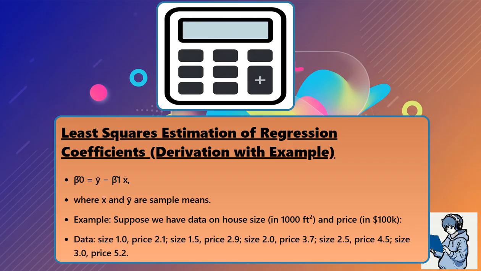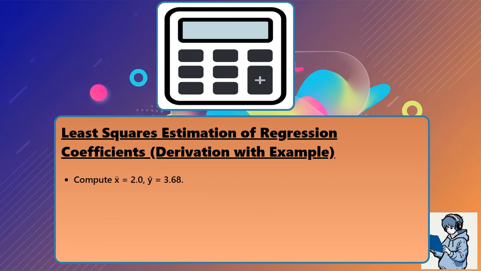Example, suppose we have data on house size in 1,000 square feet and price in $100,000. The data are size 1.0, price 2.1, size 1.5, price 2.9, size 2.0, price 3.7, size 2.5, price 4.5, size 3.0, price 5.2. Compute x bar equals 2.0, y bar equals 3.68.